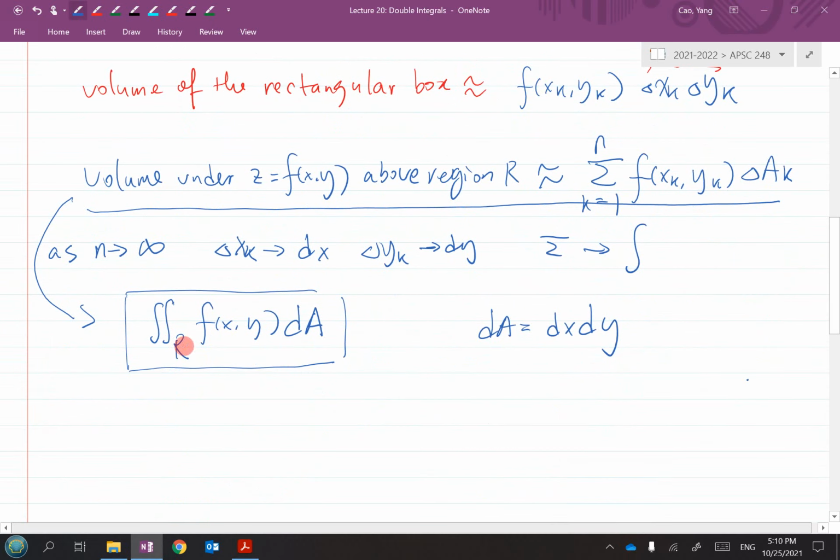The question here is, how come you have two integral signs here? So this is called a double integral. The reason we have two integrals is because now we've got two variables to worry about, the x and y. So this is called a double integral.